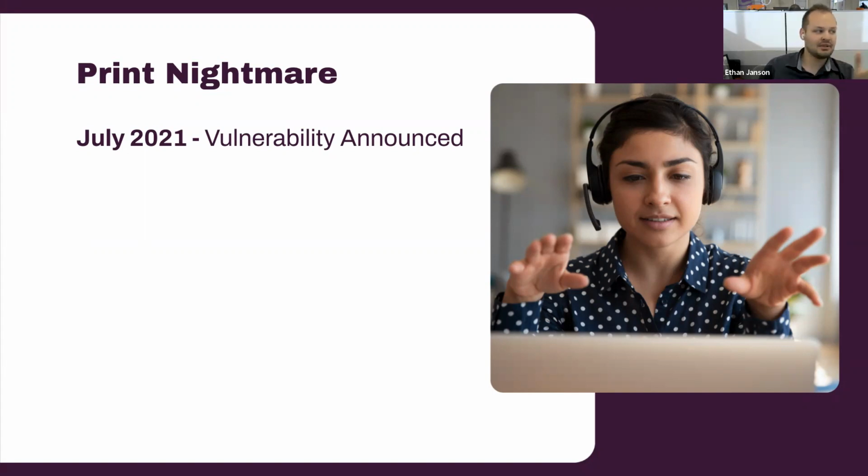So basically what happened is in July last year, Microsoft announced a big vulnerability with print servers. I don't want to get too technical, but at a high level, there was an ability with remote procedure calls from a user's workstation where they could basically swap out the drivers on a print server.